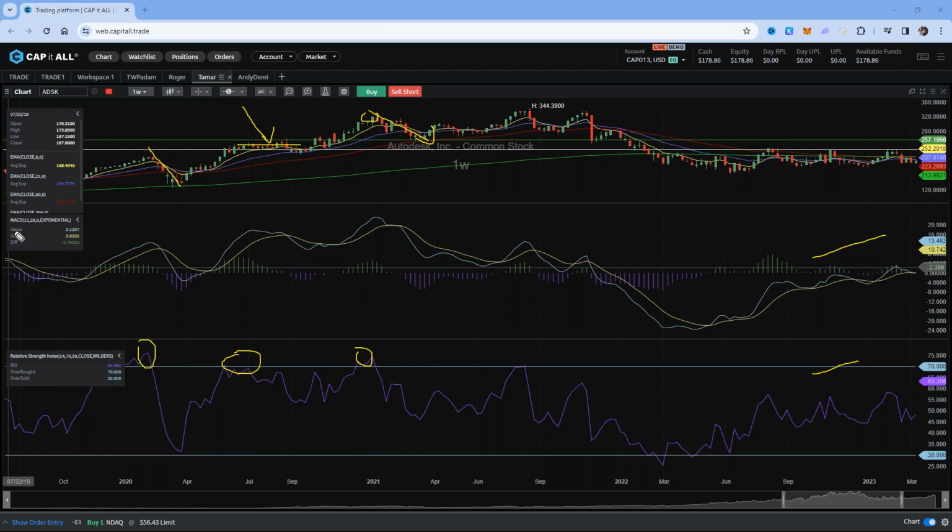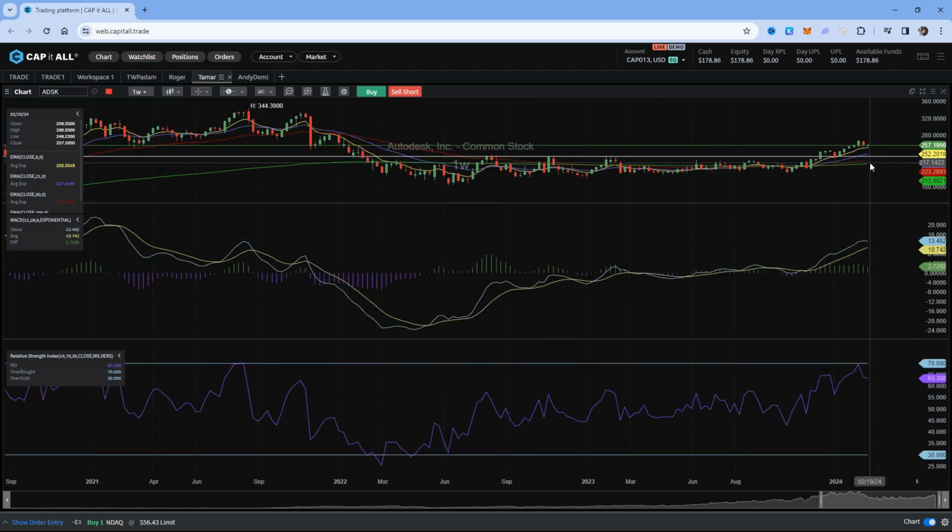So most of the times it will pull back here. So I would be looking for potentially a pullback, maybe to around here, somewhere there. Around that kind of 211 looks like a decent level to target for potential longs.